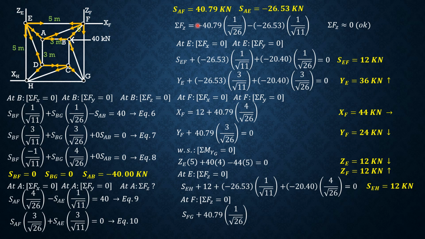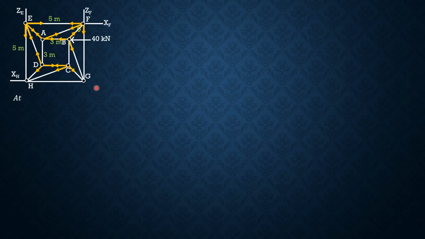So SEF is 40.79 times 1 over square root of 26, then equals 12 or minus 12 equals 0. So SFG is equal to 4 kilonewtons tension. So also everything is found at F. So we now proceed to joint G. Summation forces X equals 0.